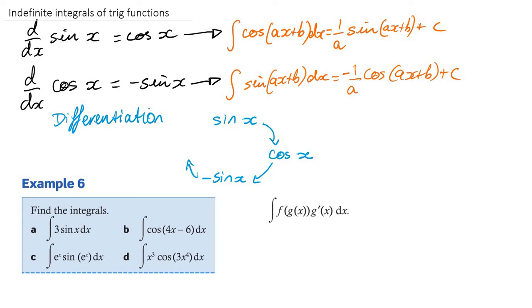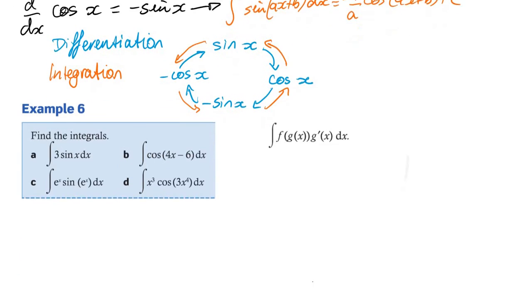The derivative of negative sine of x is negative cos of x. And the derivative of negative cos of x is sine of x. And integration works in reverse. So I have known people to use this quite effectively to remember these rules.